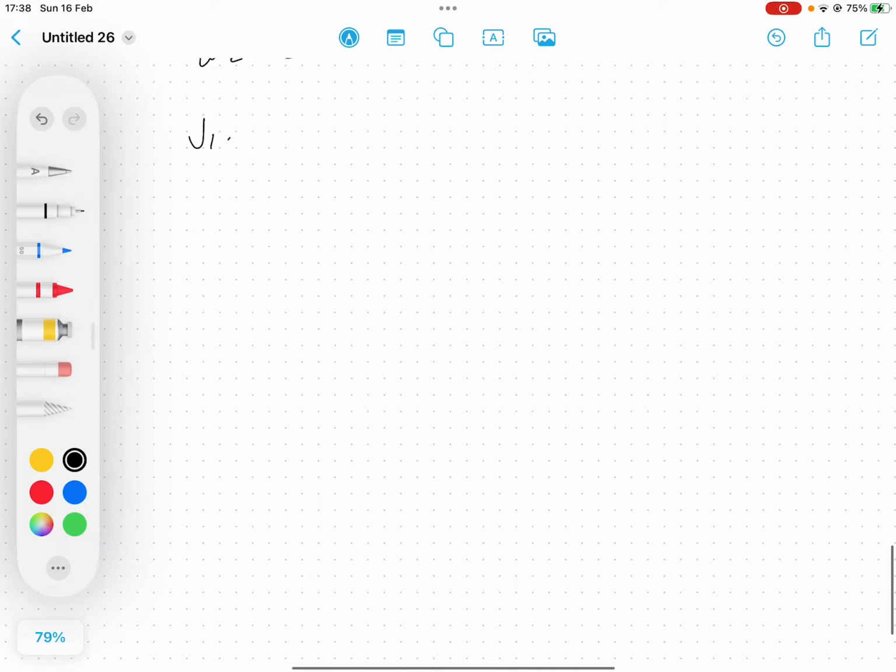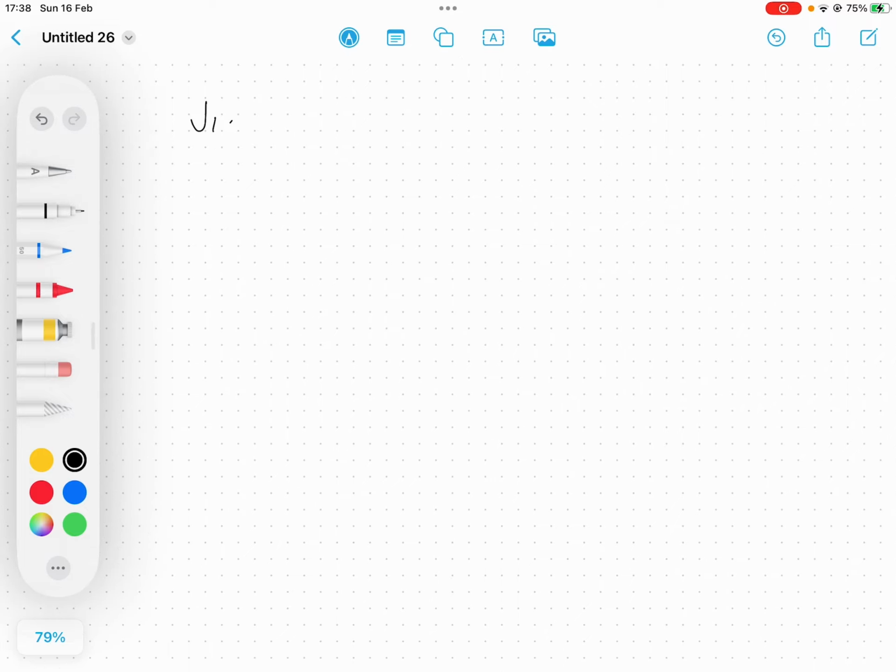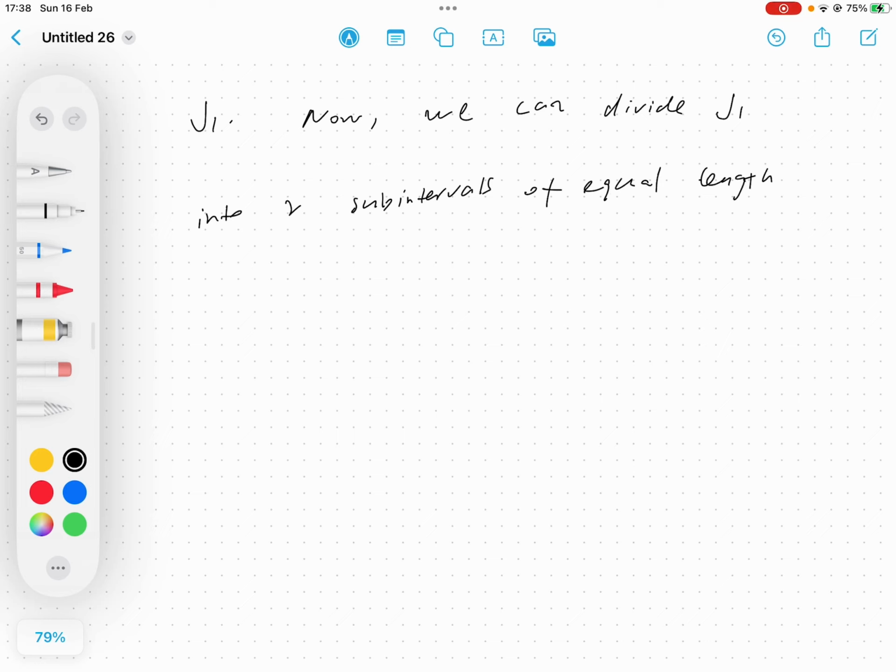So we select that one and now we work on this J1. Now again we can divide or split this J1 into two subintervals of equal length again, iteratively, right? So that's what we're doing right now.